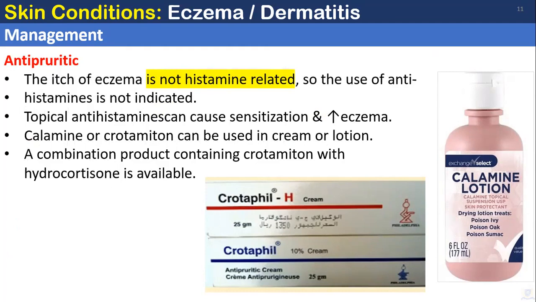If not, an emollient could be used, or an antipruritic agent like calamine lotion or crotamiton. Sometimes hydrocortisone can be very efficient to reduce the itching. Here antihistamine is not indicated for controlling the itching, because the itching of eczema is not related to histamine release.